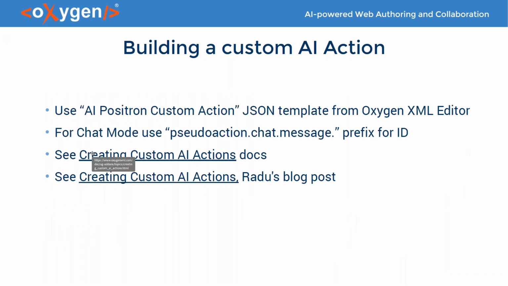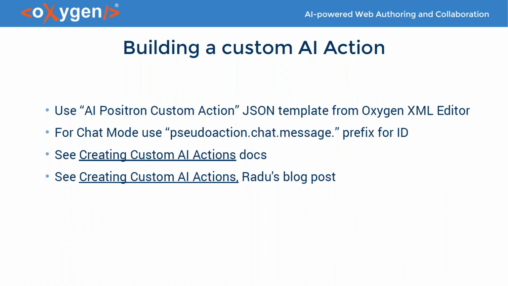The easiest way to create a custom AI action is to create one using the AI Positron custom action JSON template from Oxygen XML editor. I will show you this later.